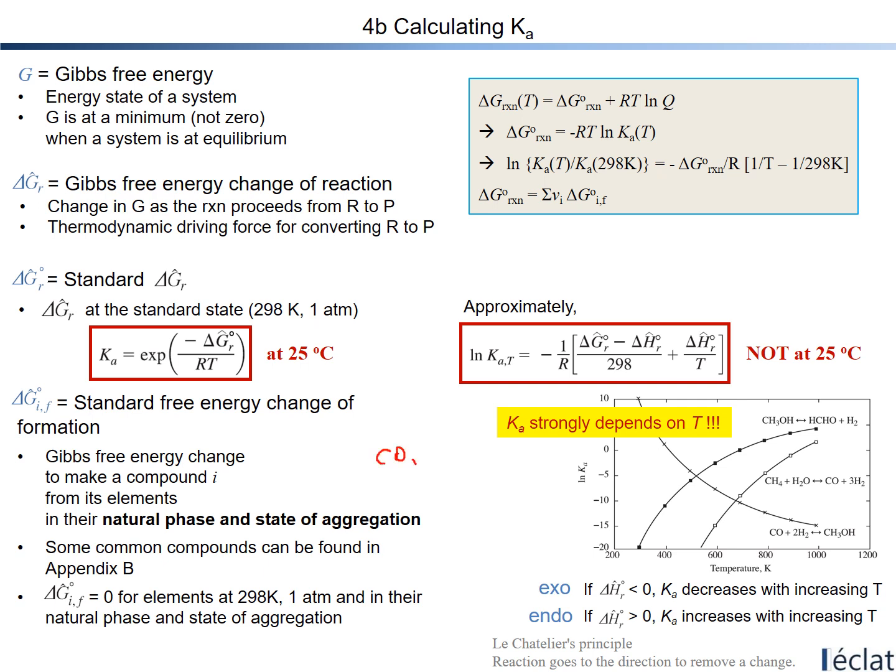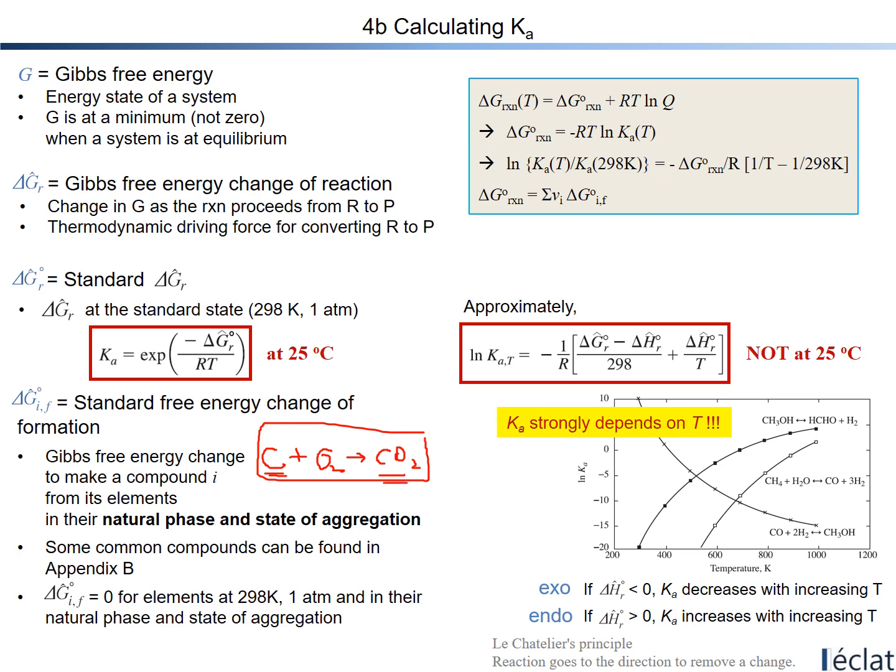CO2 is here, and this compound can be made from carbon, which is the element, plus O2. The Gibbs free energy change of this reaction is called the standard free energy change of formation for CO2.